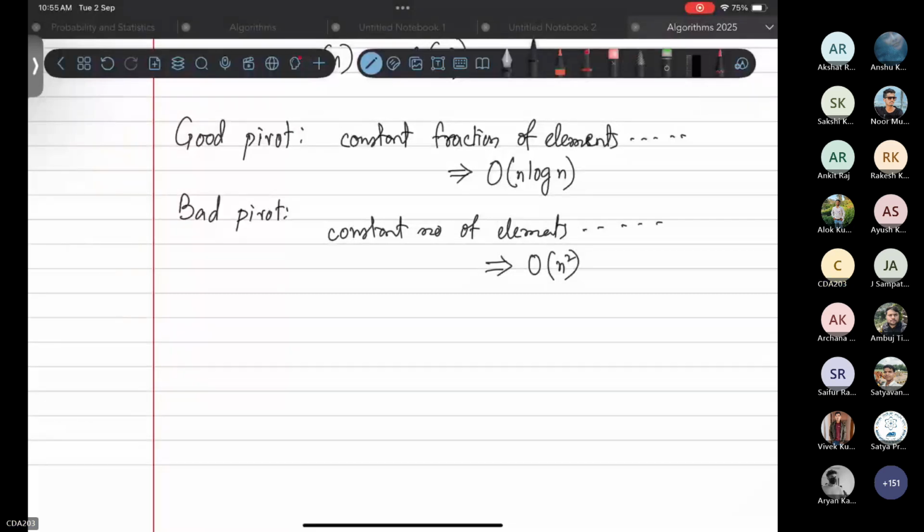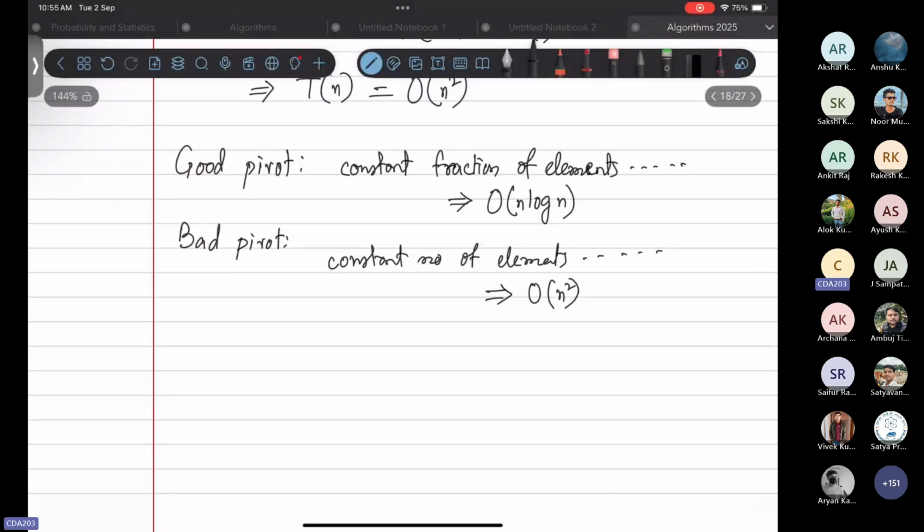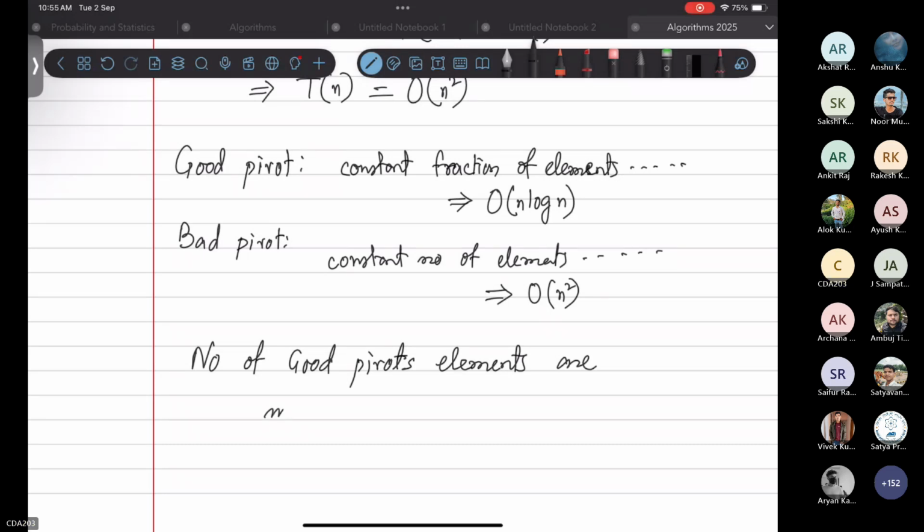So the point is that the number of good pivot elements is much more than the number of bad pivot elements.